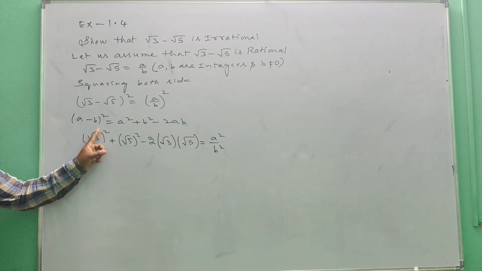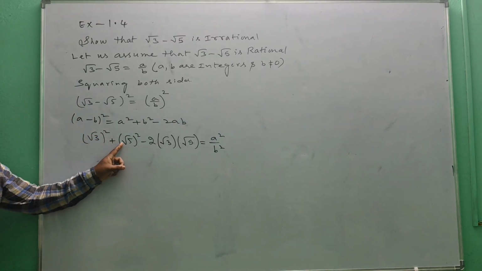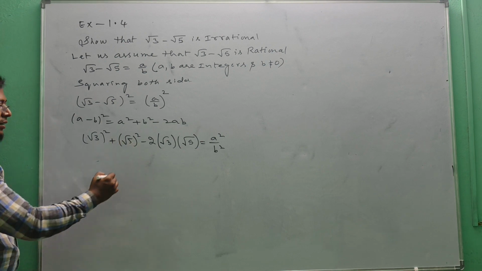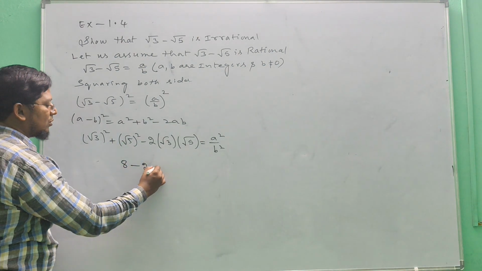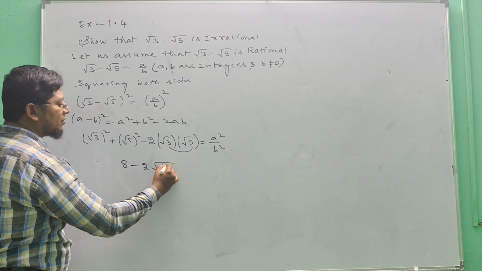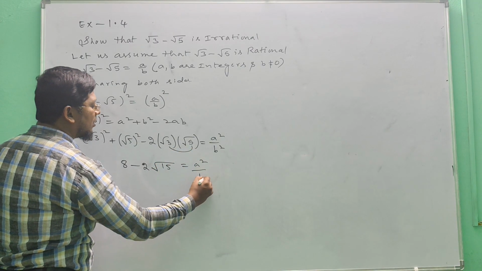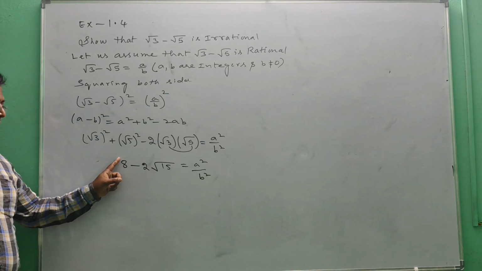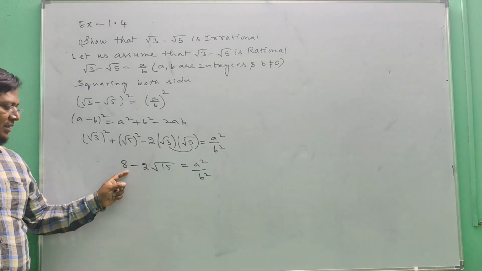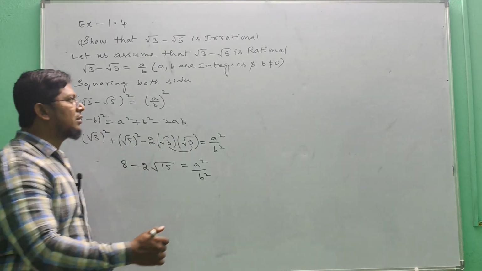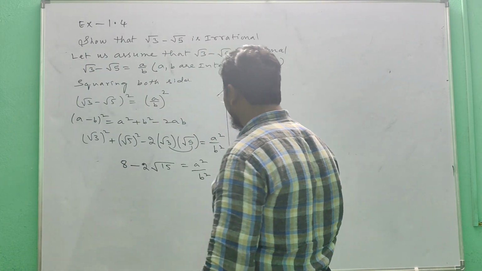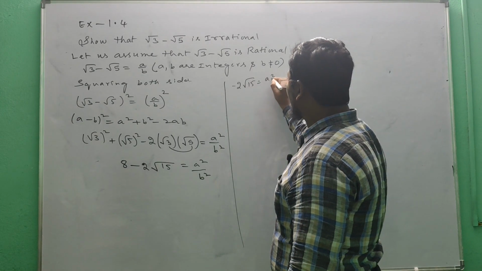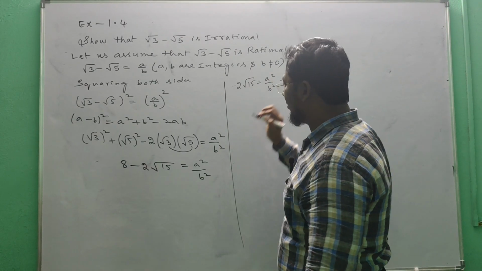So the square root and square both cancel, what do we have? 3. Square root and square both cancel, what do we have? 5. And 3 plus 5, what? 8. Minus 2 root 3 times 5 of what? 15 is equal to what? A square upon b square. As previously, what do we do? We have to send the constant to the RHS, meaning 8. 8 is sent to the RHS. So what do we have? Minus 2 root 15 will be on the LHS and a square upon b square minus 8.